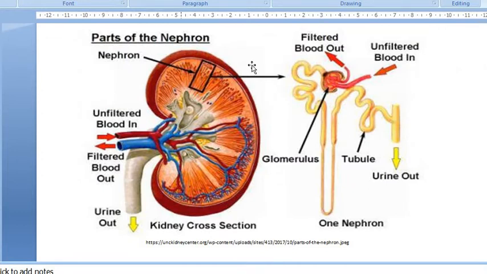Here is the location of the nephrons. Here you can see the location of nephrons in the cortical part of the kidney, and part of the nephron will be seen in the medulla part of the kidney.